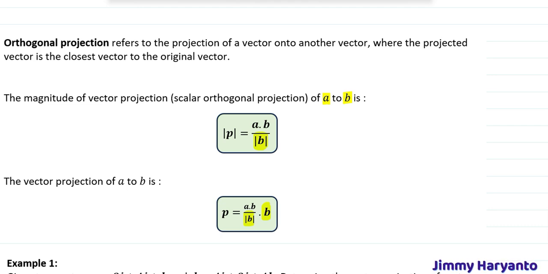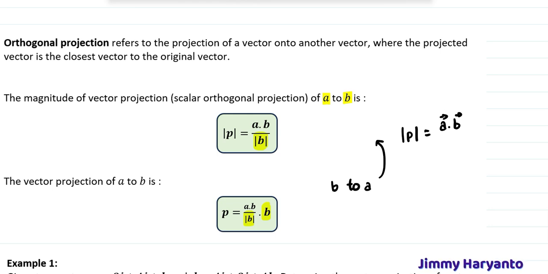So if I switch the projection, let's say B to A, then for this formula it will become A dot B over the length of vector A. So it will be switched also.